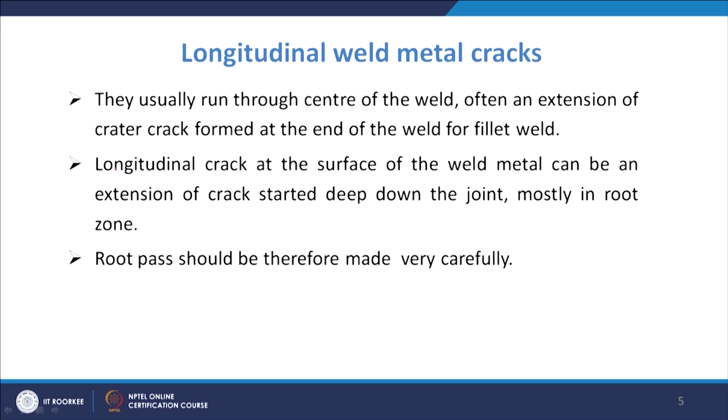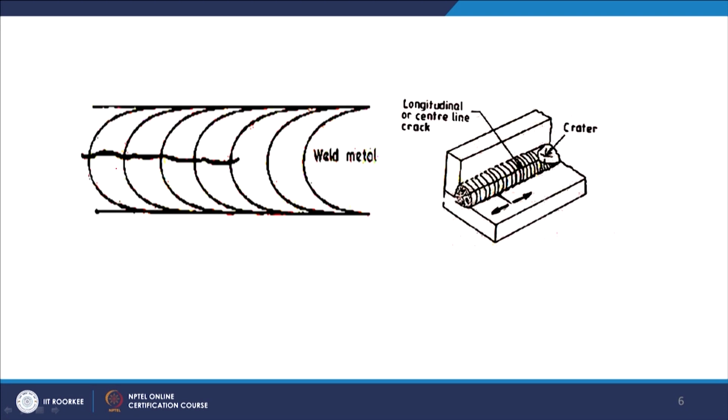Here you can see these longitudinal cracks formed at the surface of the weld metal are extensions of cracks which started deep down in the joint, mostly in the root zone. They start there and then move longitudinally, and that is how these longitudinal or center line cracks are basically formed.